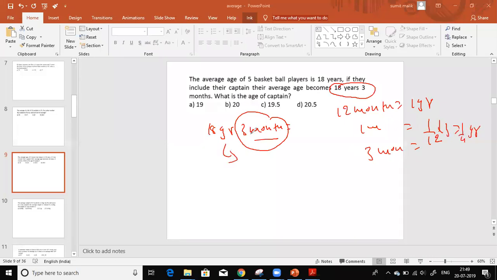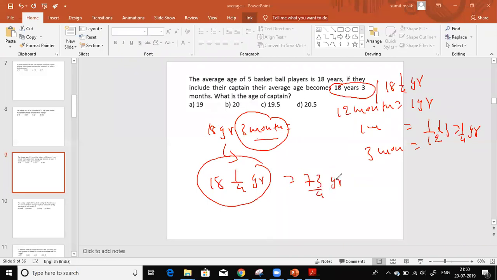So you can write 18 year 3 month is equal to 18 plus 1 by 4 years, or further simplified, this is equal to 73 divided by 4 years.